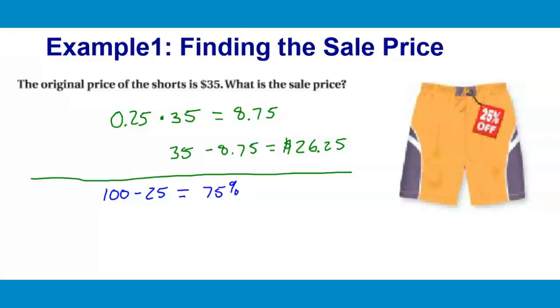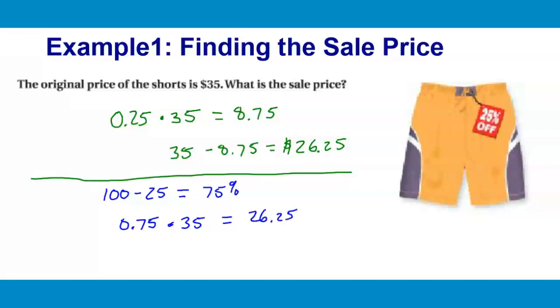So this is a second method of doing it. So now I can take 75% as a decimal, 0.75, times 35. And when I do that on a calculator, 0.75 times 35 equals the same thing, 26.25.